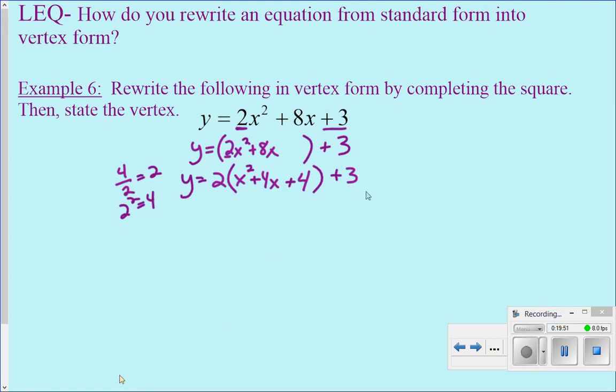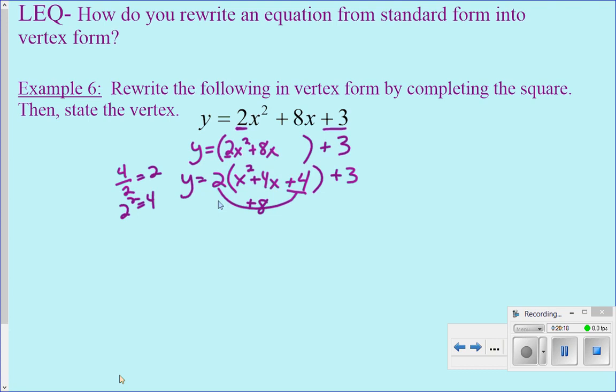I am not going to be subtracting 4, which you may have thought, okay, because I added 4. Well, I actually didn't add 4. If you look closely, what I added, even though it says plus 4, it's actually plus 4 times the 2 that's in the front. So really what I randomly added to this problem to change it was a positive 8.